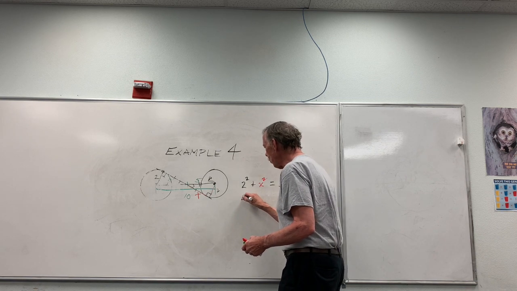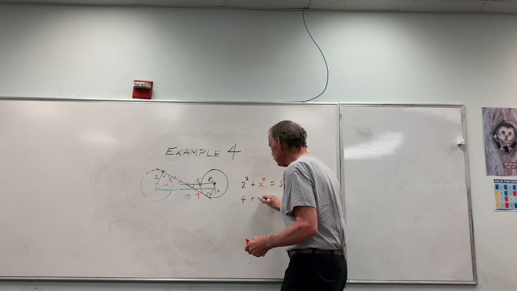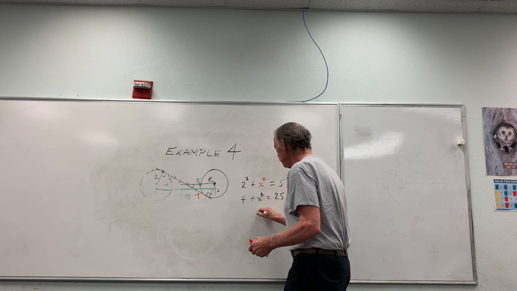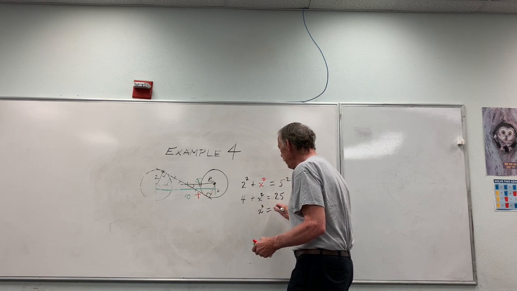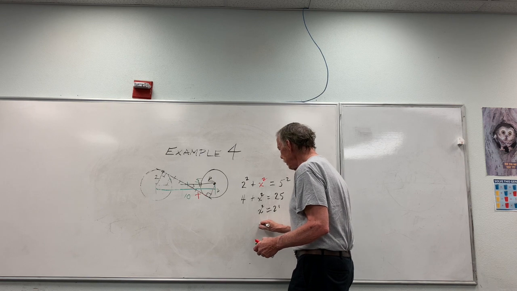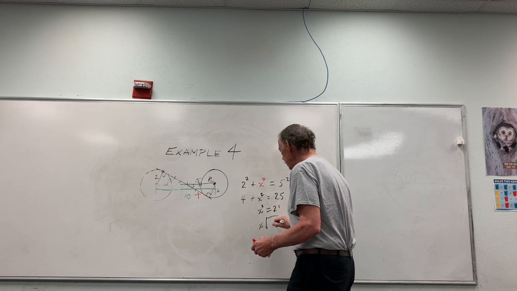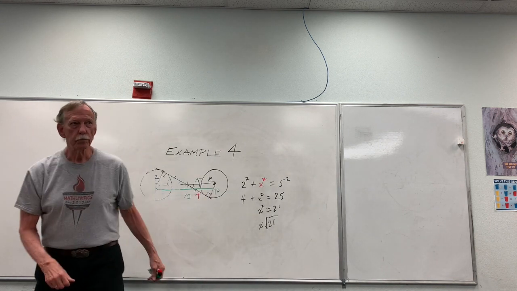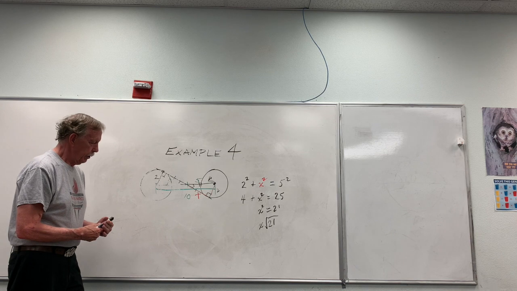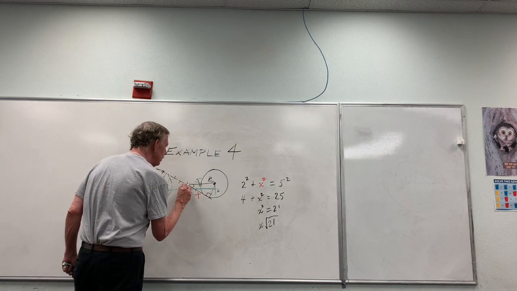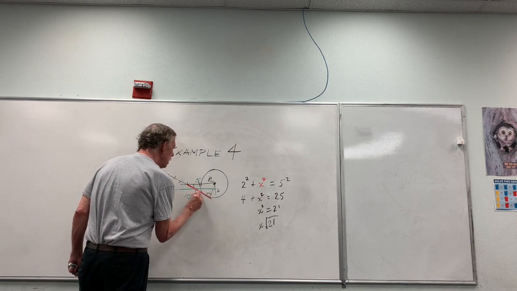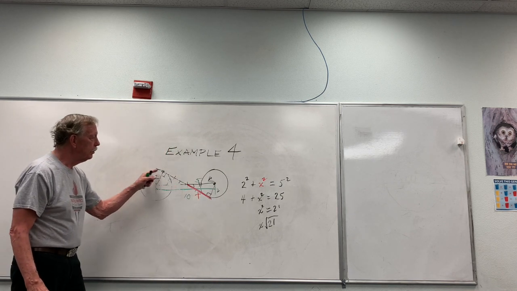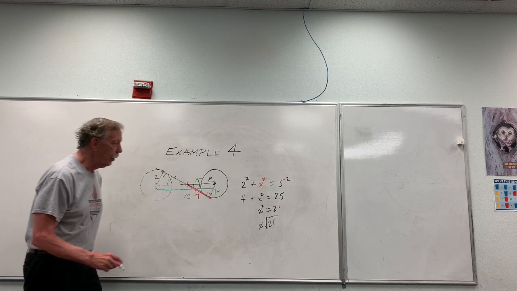2 squared is 4. 5 squared is 25. So x squared is 21. And x is going to be the square root of 21. That's this piece right here. The whole internal tangent is going to be twice that long.